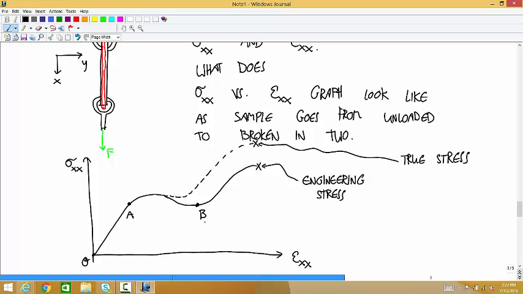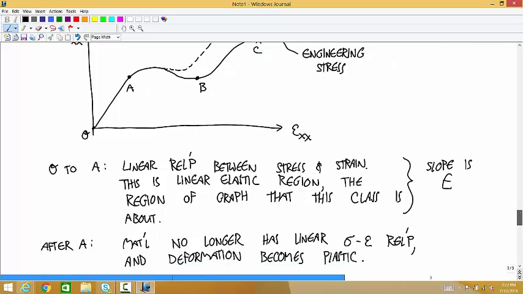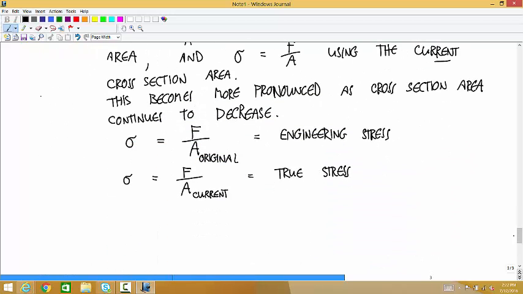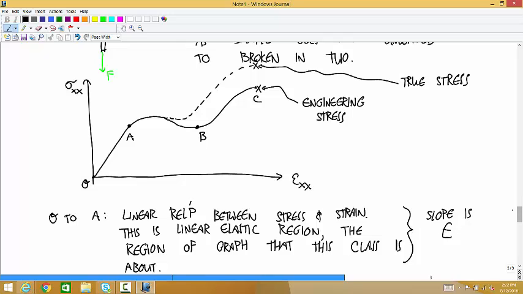Call that point B. Call this point C. From B to C is the region of strain hardening. And you can see that the slope that's dropped down starts to increase again. The material starts becoming stiffer again now that you've stretched it a certain amount.